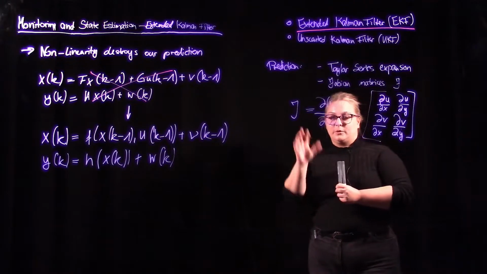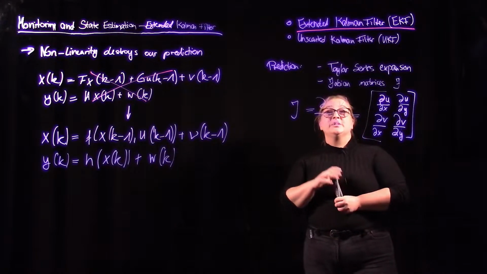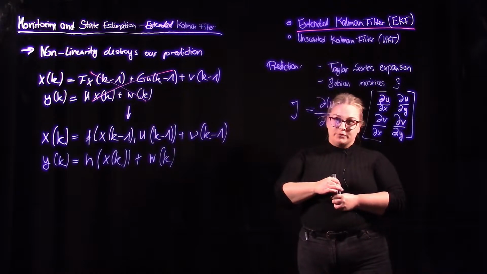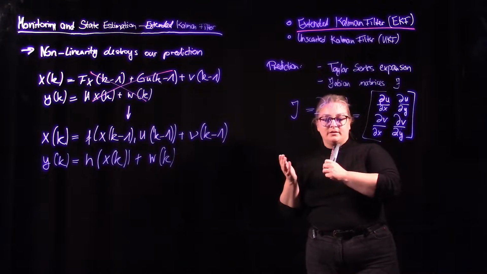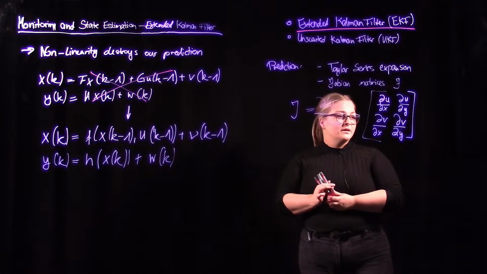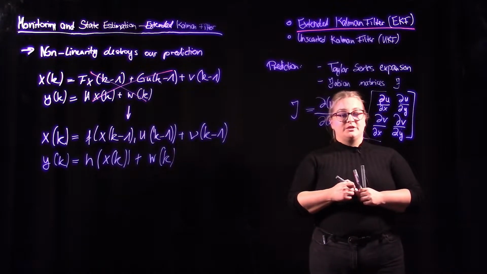So we have our Jacobian. We will use the Taylor series expansion, and for that, we need to calculate two matrices. One is the state transition matrix and the other one is the observation matrix.